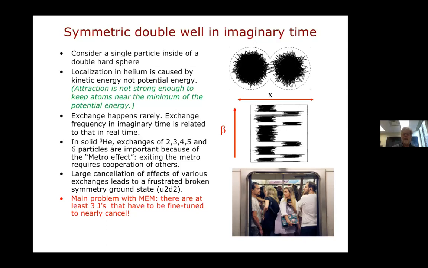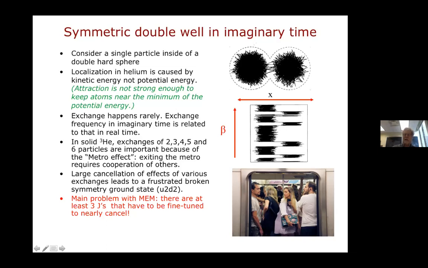There's a group of French physicists, Michel Roger and Jean Delrieu, who talked about the metro effect. And so here's a picture of the New York subway. The idea is, think about if somebody wants to get off at a stop on the metro and it's really, really crowded, a single person can't do it by him or herself, right? It requires a cooperation between all the people in the subway.